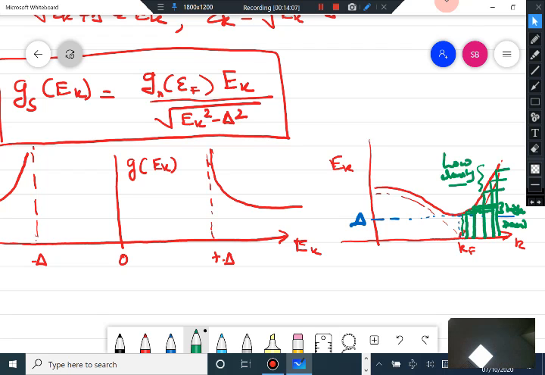The total number of states, whether superconductor or normal, is identical, but because of the nature of the Ek dispersion spectrum, you can see that around delta there is a high density of states, whereas far away from it the density of states becomes low.